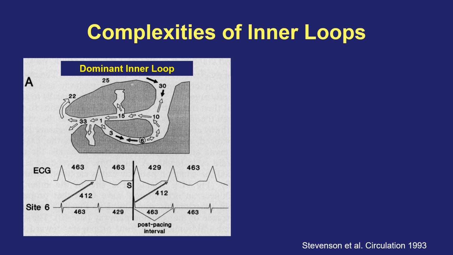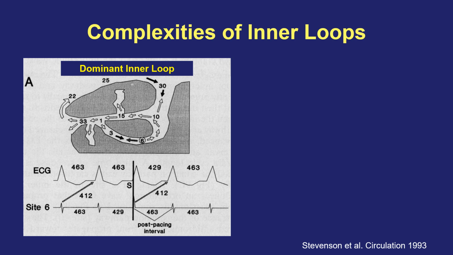And look at the complexity of his images, where he has, you know, common isthmuses and bystanders and inner loops and other bystanders and outer loops, and they computer modeled VTs. And one of the things they looked at was the concept of a dominant inner loop, one that was driving the VT, versus a non-dominant or bystander loop.